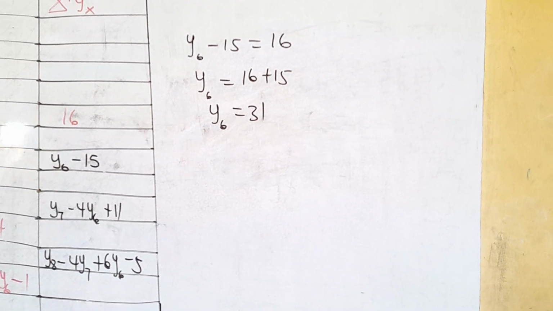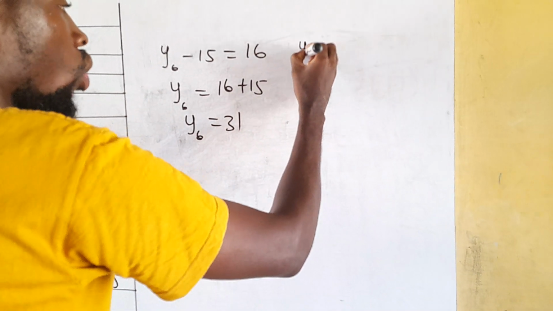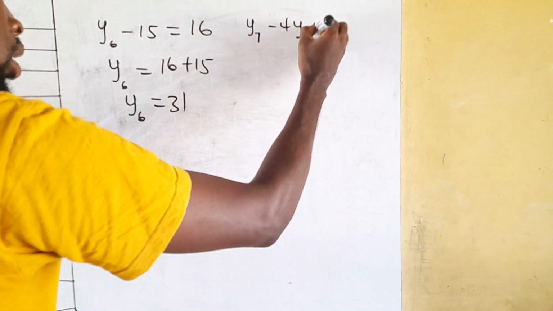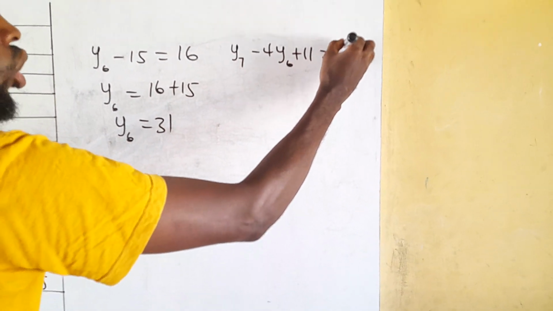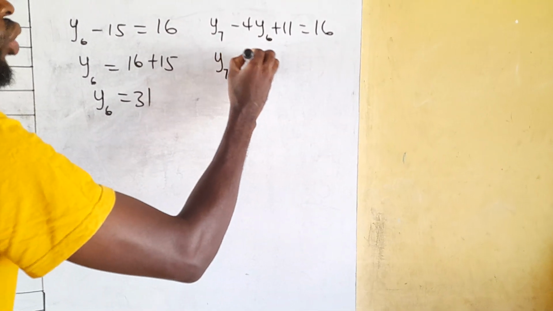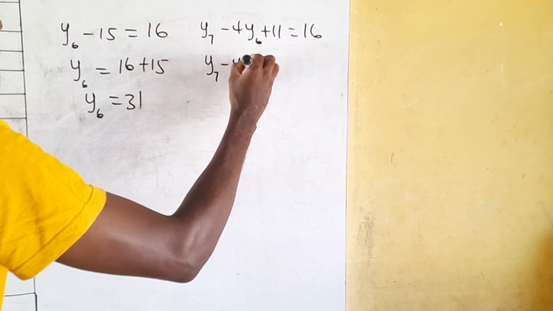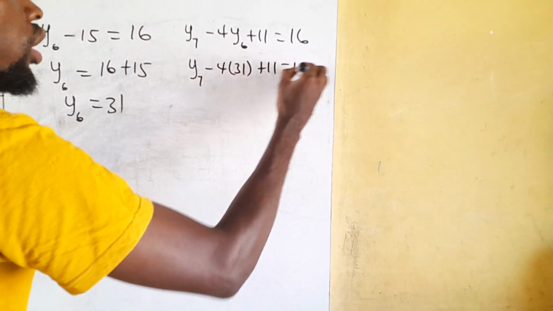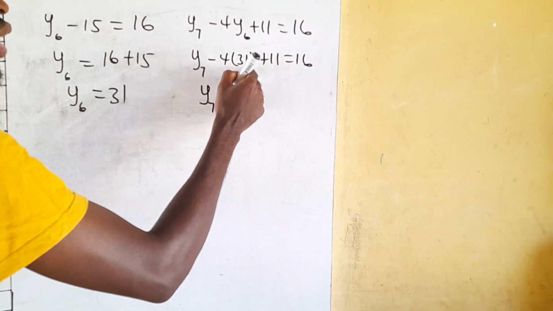Also, this is equal to 16. So we can say y7 minus 4y6 plus 11 is equal to 16. So we have y7 minus 4. What's our y6? That's 31. We have found it. Plus 11 is equal to 16. So we have y7, 4 times 31.